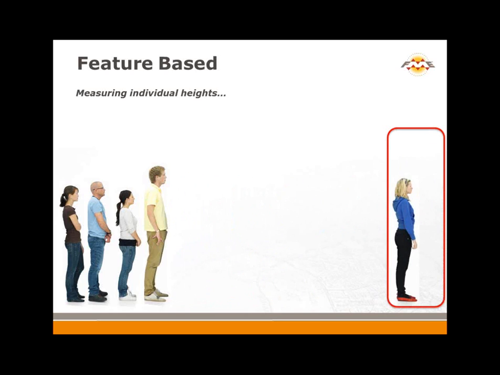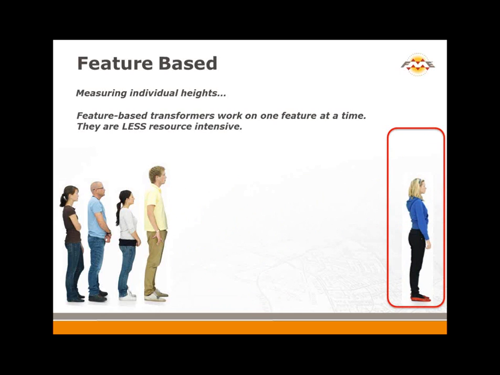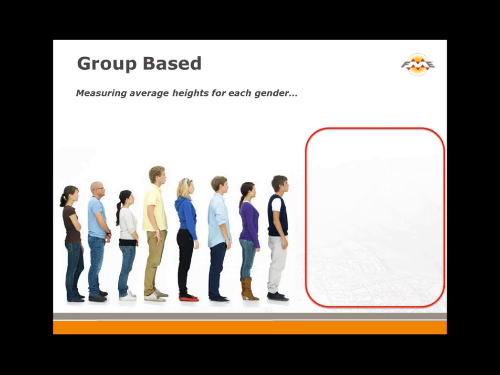This is what we call a feature-based process. The important thing here is it's only ever one person at a time being processed, or one feature at a time. So feature-based transformers work on one feature, and they're less resource intensive. On the other hand, group-based is a bit different. For example, say I want to measure the average height of all of these people.